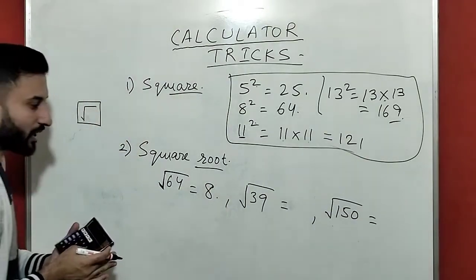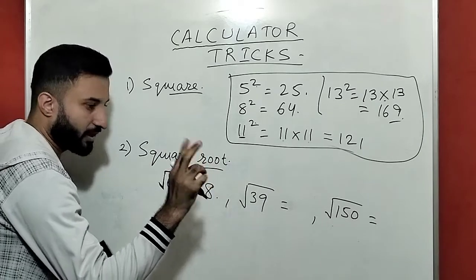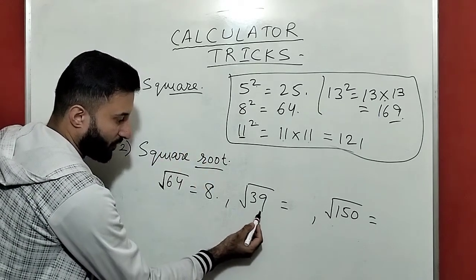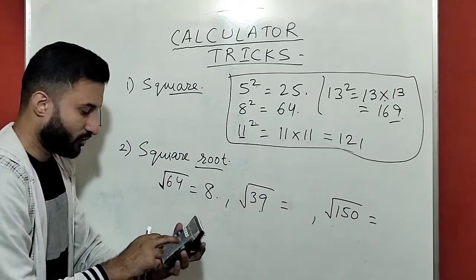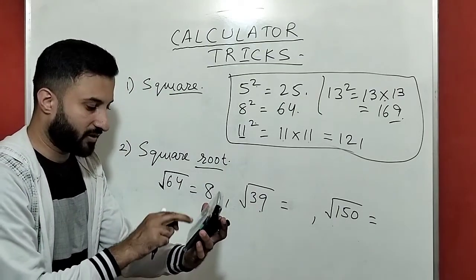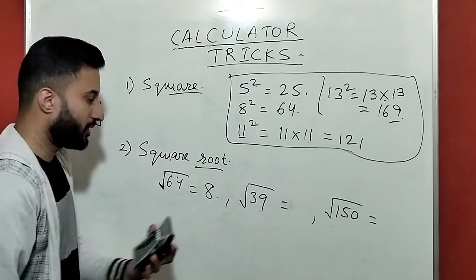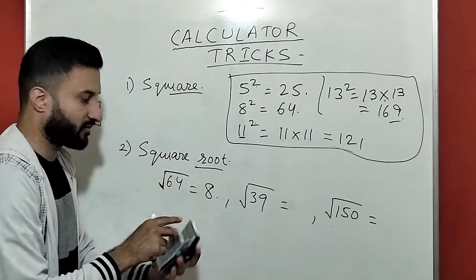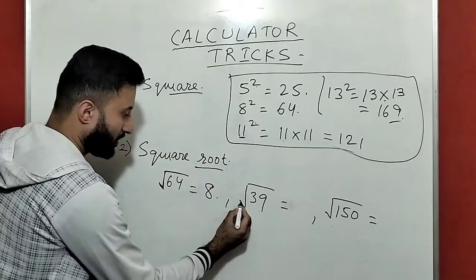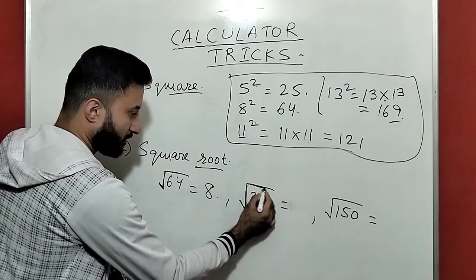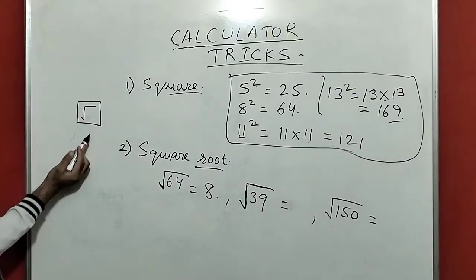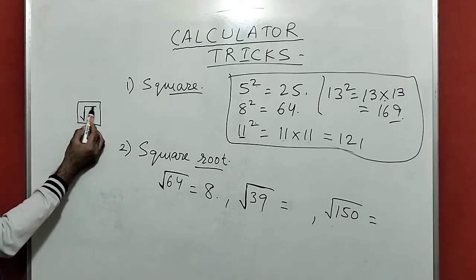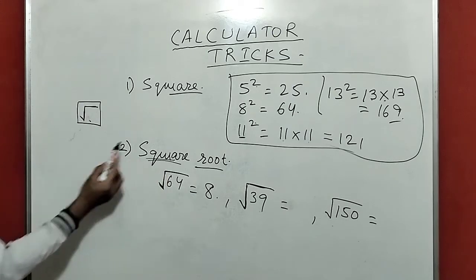Again, there are two steps. First step is write the number which we have to find. We have to find for 39. So in the calculation, I will write 39. First step over. Second step is I will press this button, because this button will find your square root.